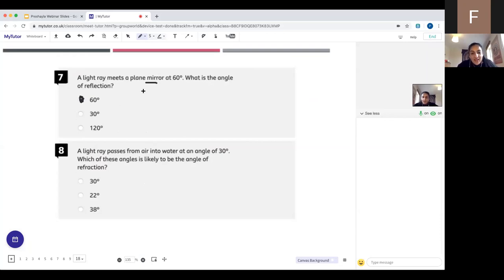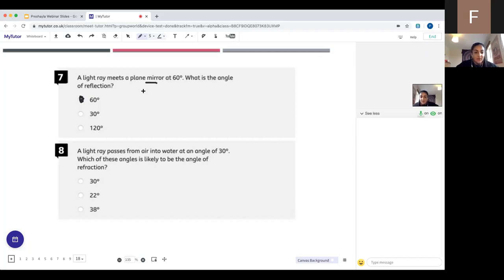And a light ray passes from air into water at an angle of 30 degrees. So it's going from air into water. So it's going from a less dense to a more dense medium, which means it's going to travel slower, which means it's going to go towards the normal. So the angle is going to be much smaller.